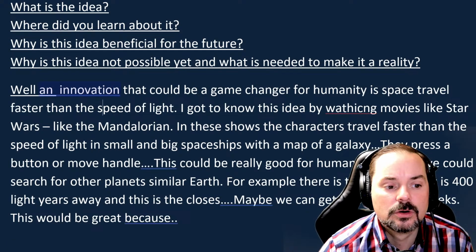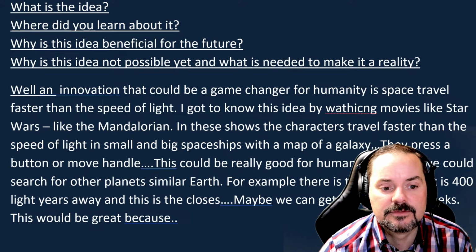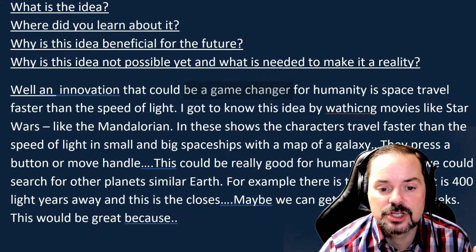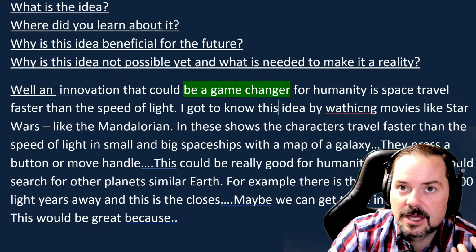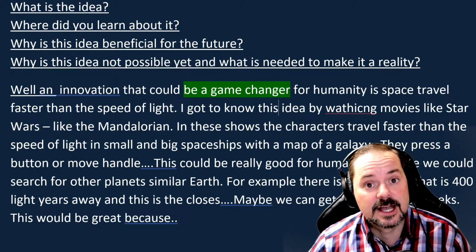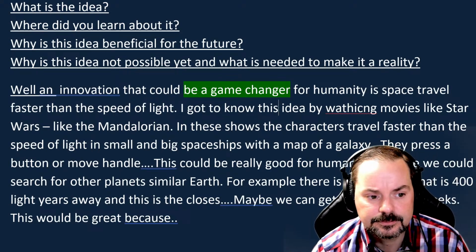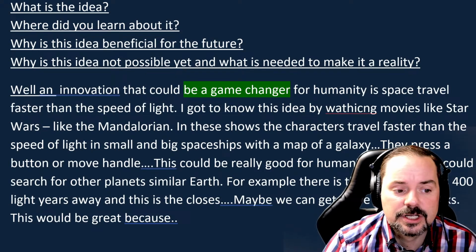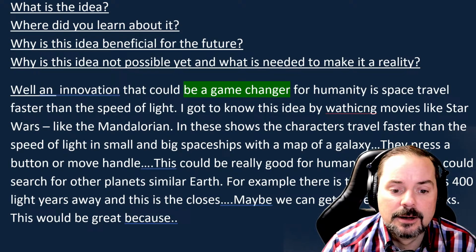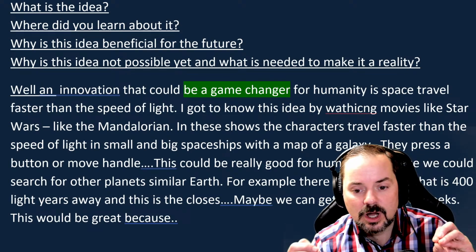For instance, Juan here said an innovation that could be a game changer. A very nice natural expression. A game changer means making a big difference in society or for humanity. Is traveling faster than the speed of light, watching Star Wars movies. Okay, don't get too lost in the descriptions.